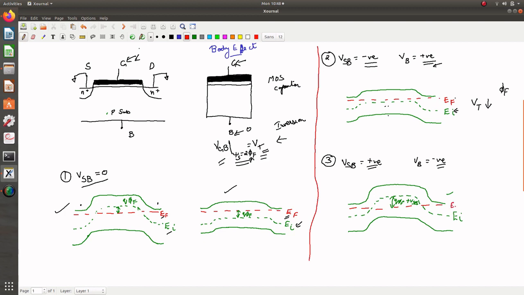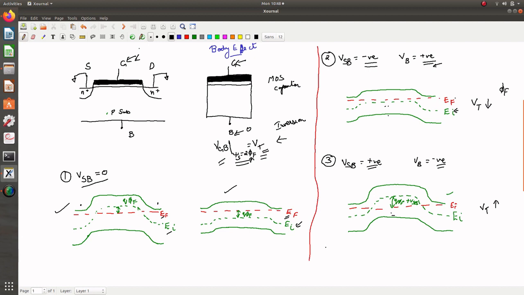In this case, the threshold voltage Vt should be more, because you have to bring this part beneath the Fermi level, so you have to apply more voltage. Directly, the voltage that you should apply more is equal to the applied VSB.